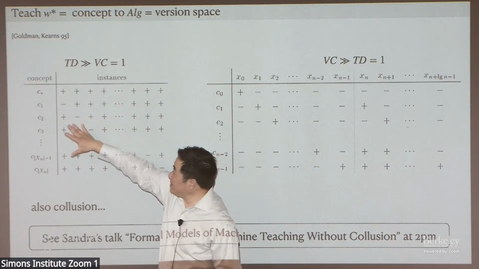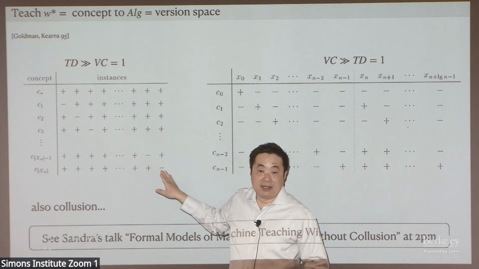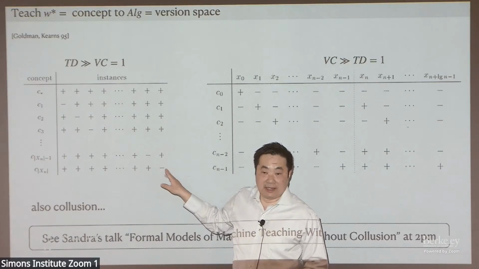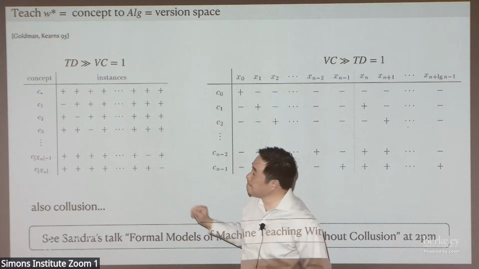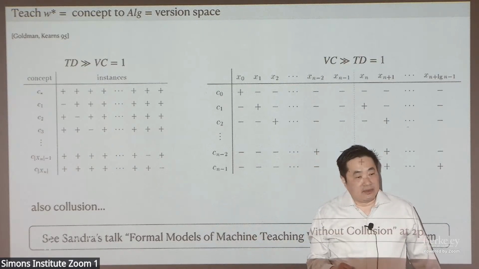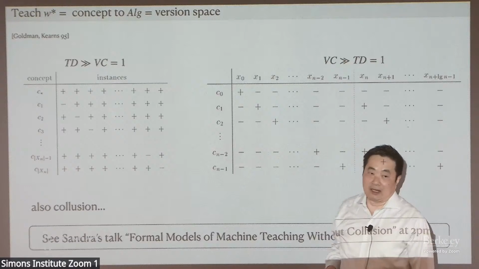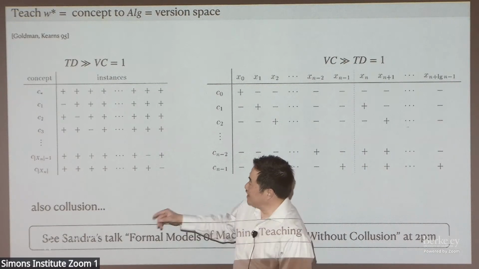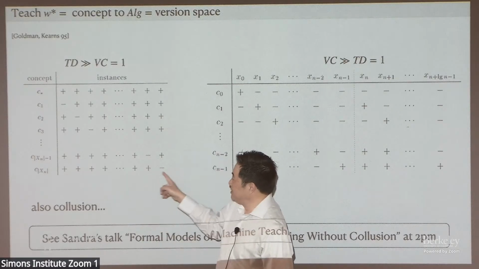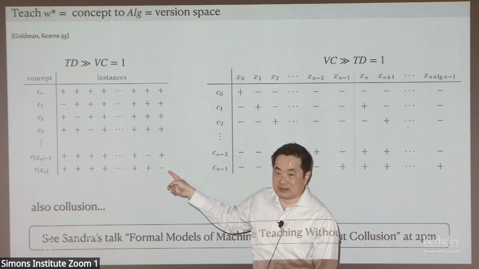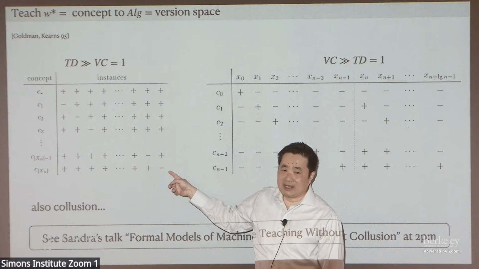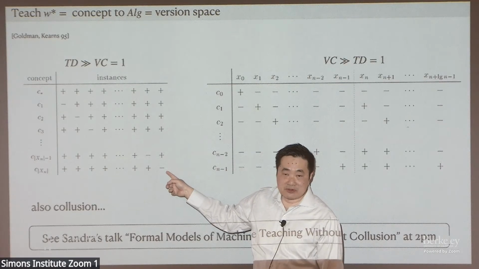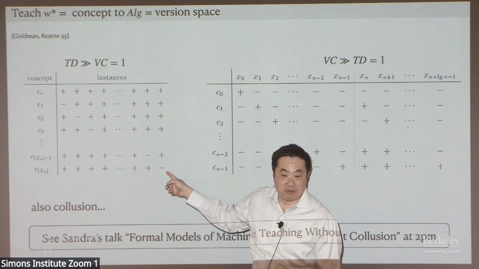And then for the remaining ones, you see there's a diagonal of one negative label for a different item, okay? The reason that this is interesting is the following. If you want to teach one of these concepts to a learner, it's very easy. You can just say, the last item should be negative. That's what the teacher says. That's it. So you just need one teaching item.